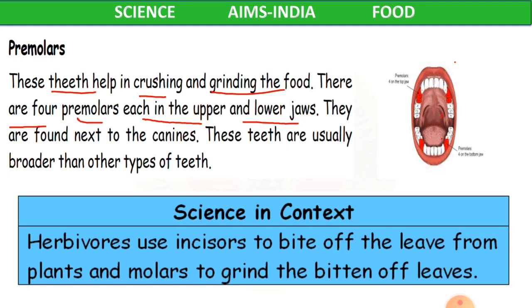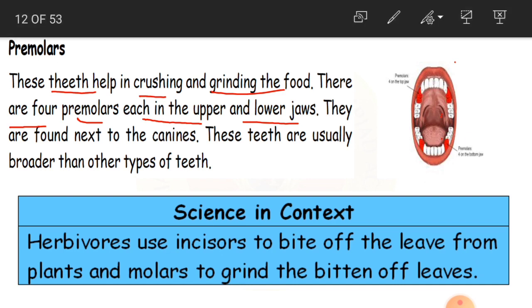First you get the incisors, then canines, then premolars. And these teeth usually are broader than other types of teeth. So these premolars are broad when compared to the other teeth in the mouth.